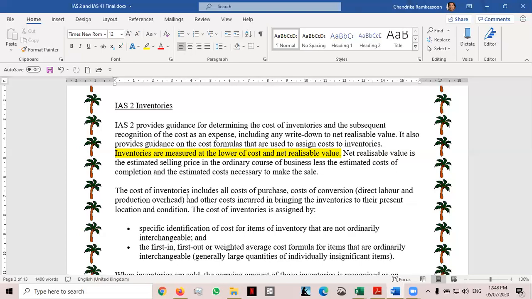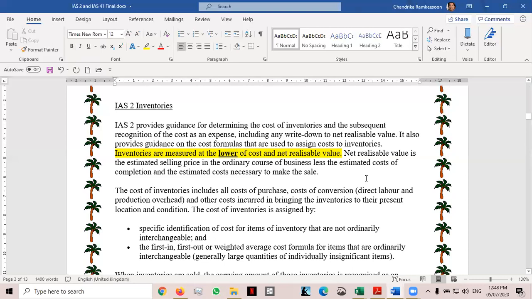And I'm saying this because students often misinterpret this measurement basis. So it's measured at the lower of cost and net realizable value, meaning you've got to compare cost with net realizable value, take the lower of the two. And let me just underline this.